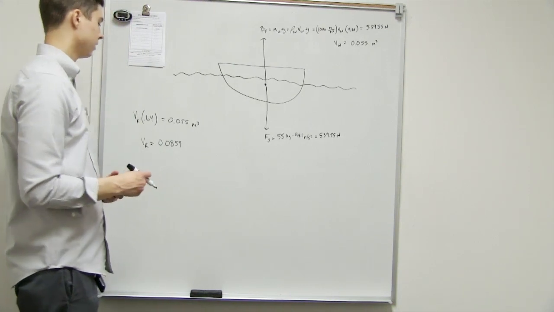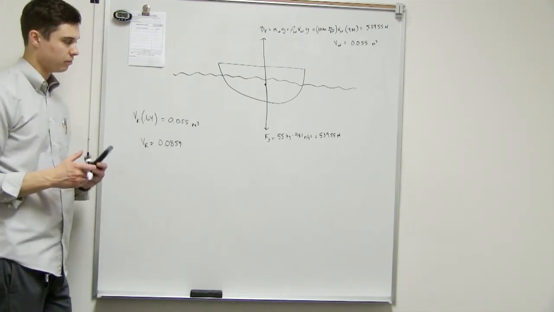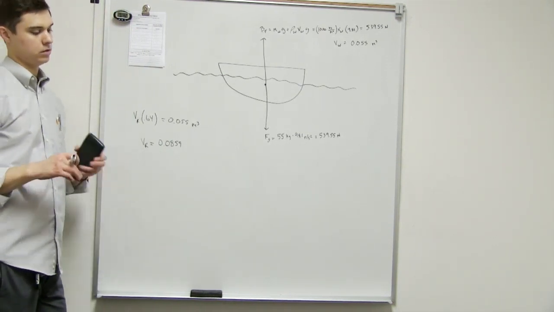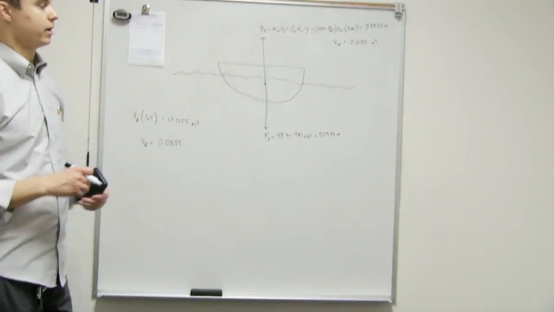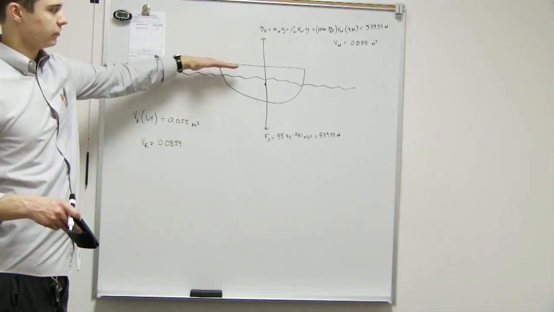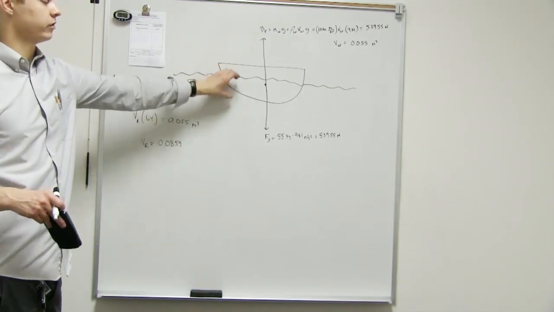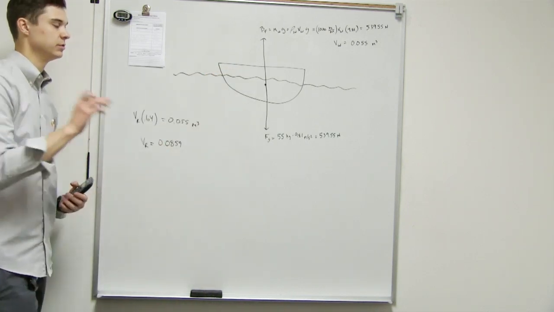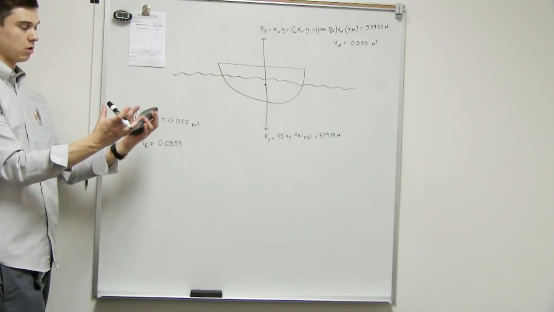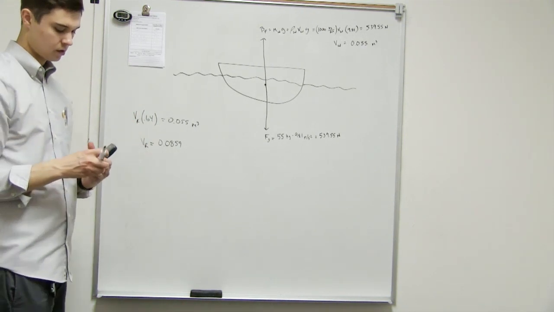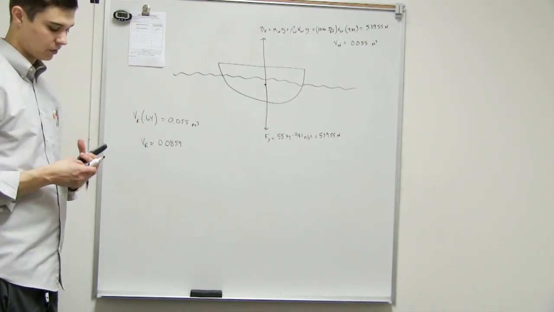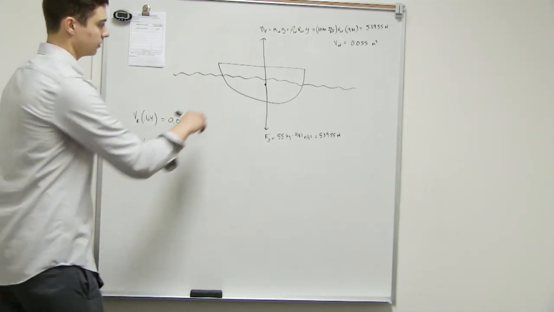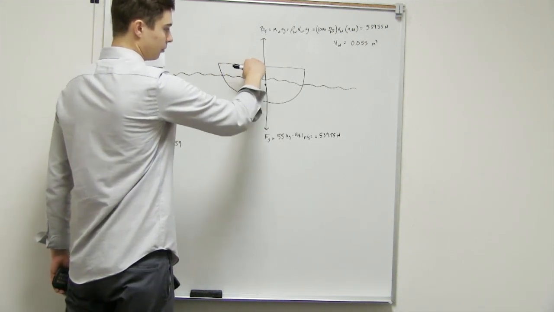Cool. So if we pack this thing full of sand, more and more of it is going to go underwater. Right now 64% of it's underwater. As we throw sand in, it sinks lower and lower. We can keep throwing sand in until the water level is just equal with the brim of our raft.